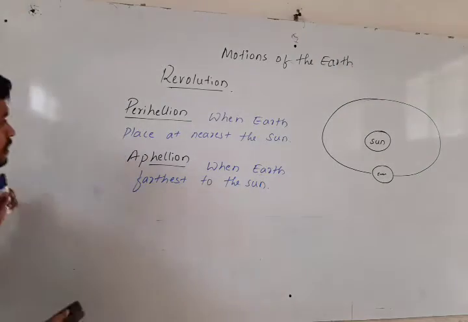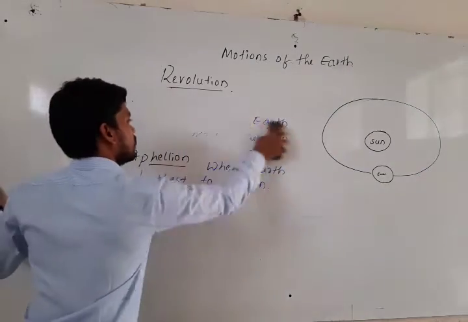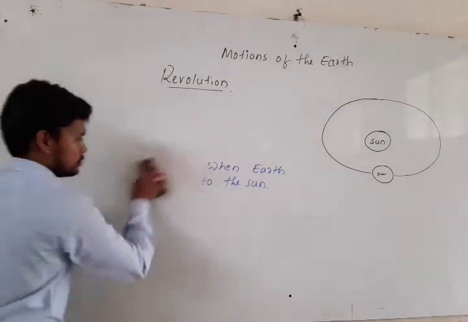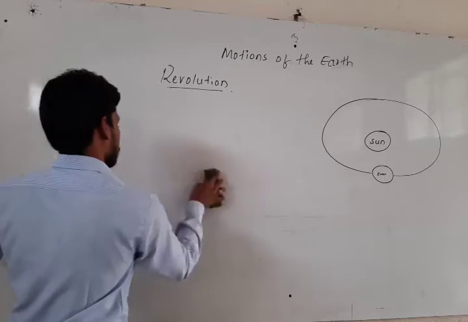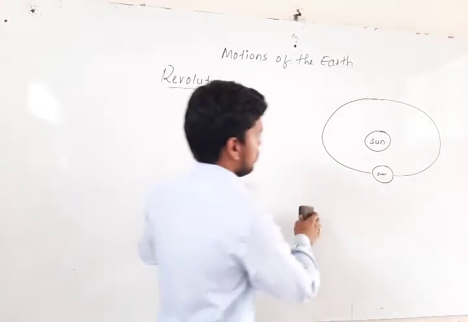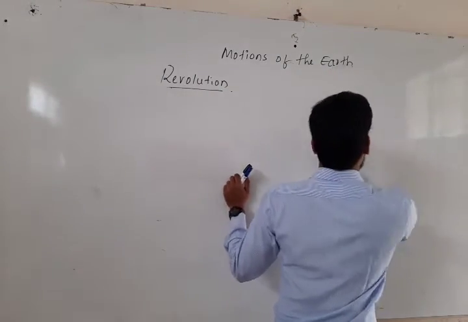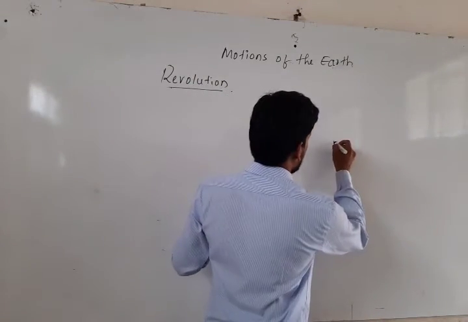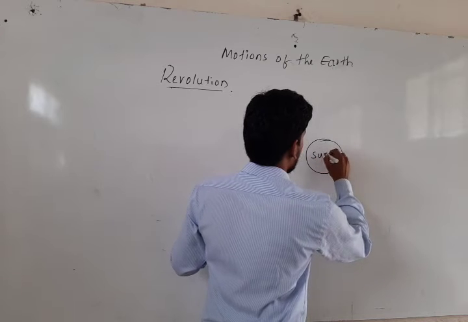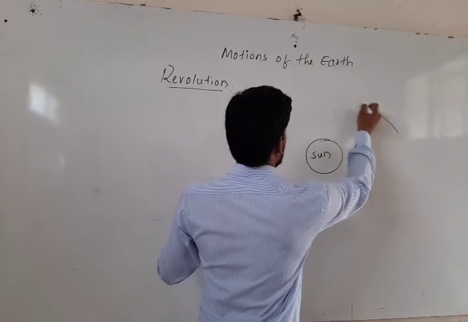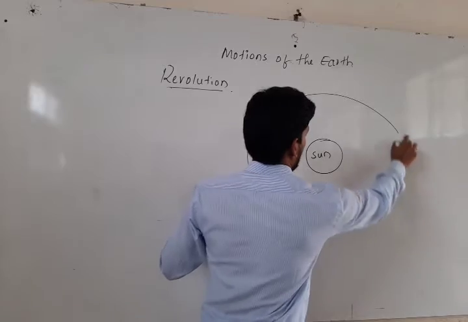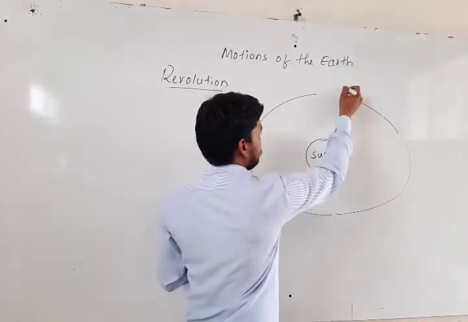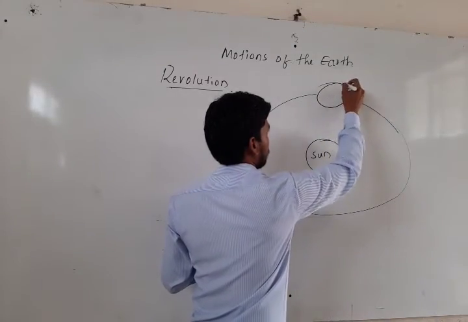Good. Now we have two important terms or topics to discuss in this revolution. Let's go to solstice. Here we have a sun. It's an orbit, an elliptical orbit. Here we have Earth.